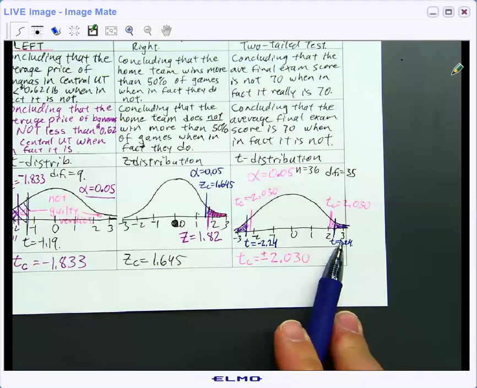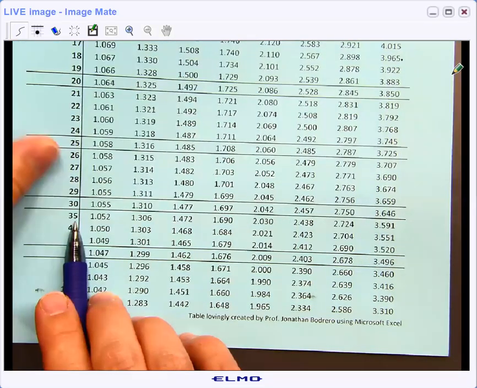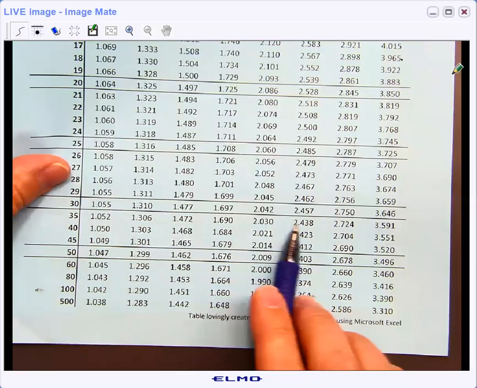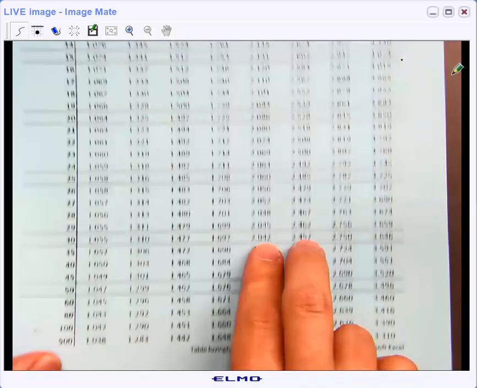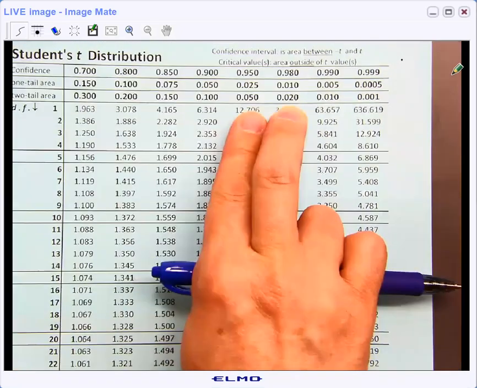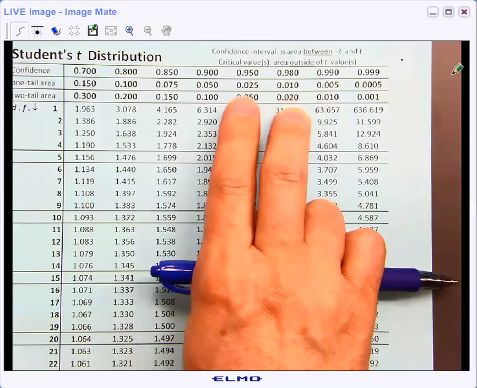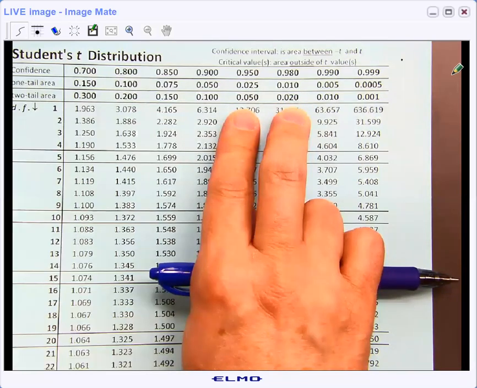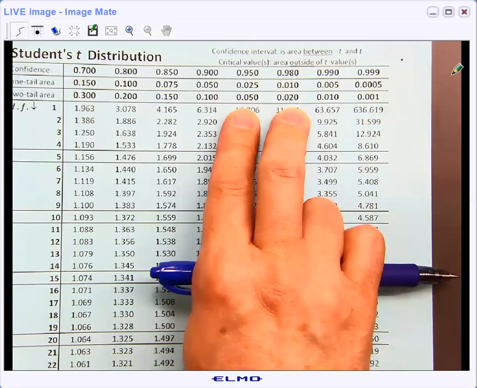So let's look at our t-distribution, 35 degrees of freedom, and 2.24 would put us between these two data values, which means that the area in two tails is somewhere between 2% and 5%. Again, if we use the table, we don't get the exact p-value, but we get a neighborhood for where it is, and that will be good enough for us to make our conclusion.